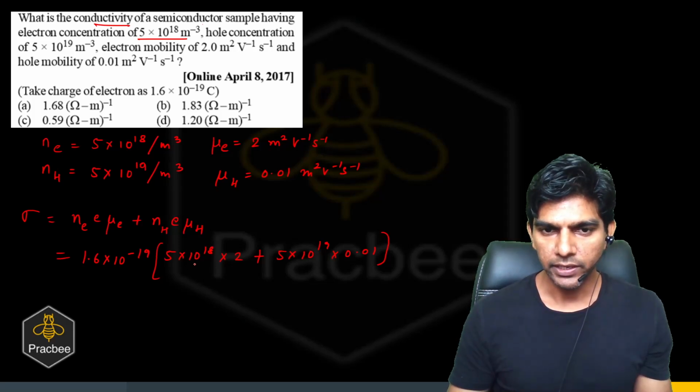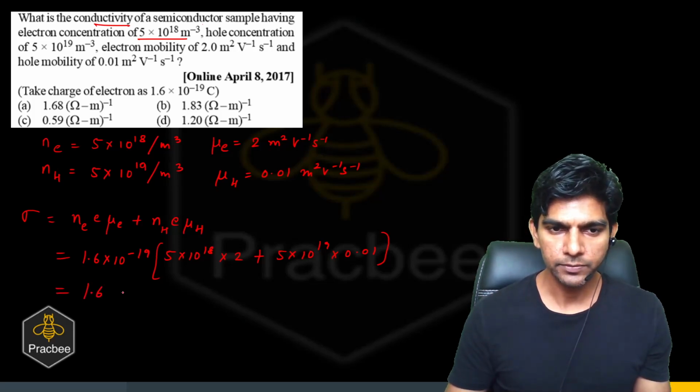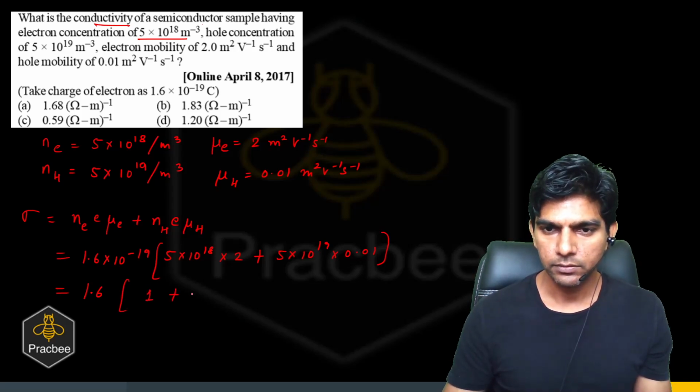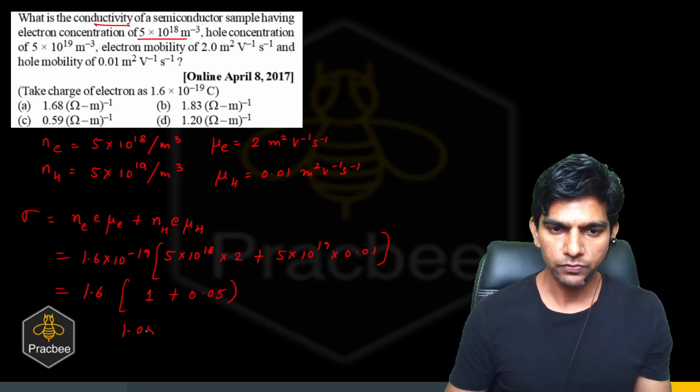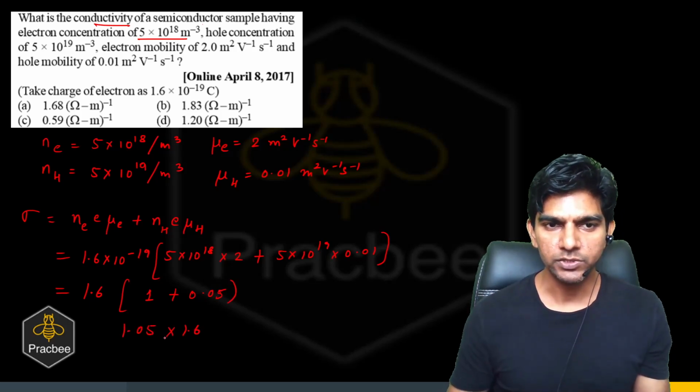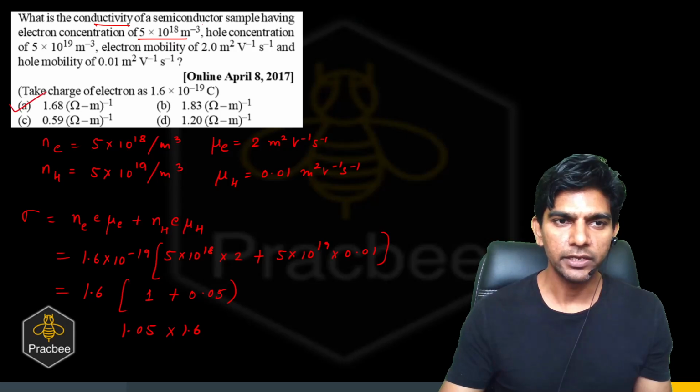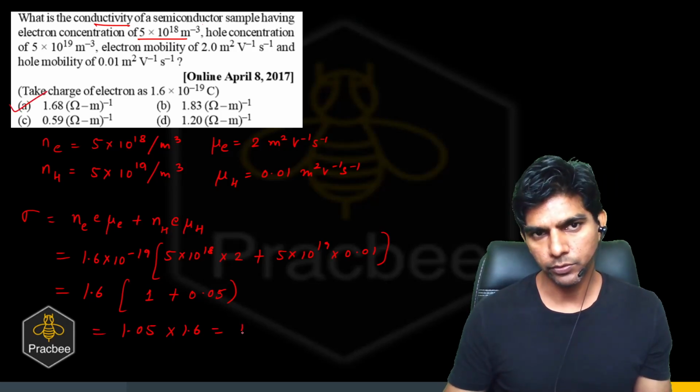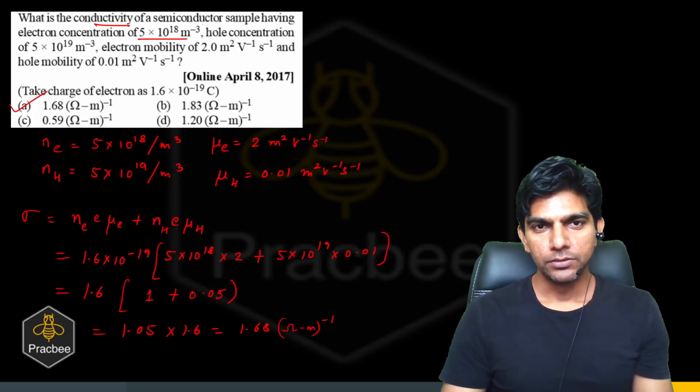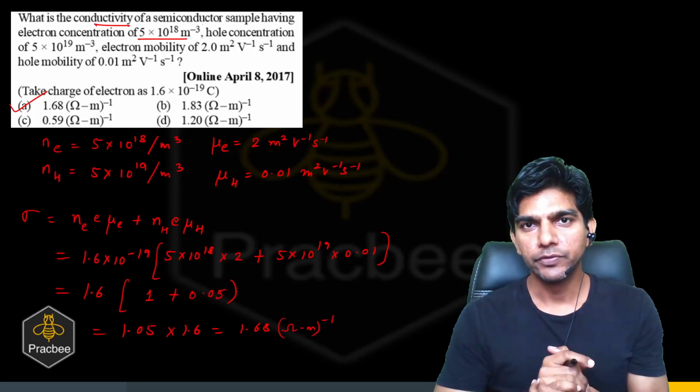So let us take 10 raised to power 19 common. So we'll write it as 1.6 times 1 plus 0.05. So that will be 1.05 times 1.6. So the answer has to be slightly greater than 1.6. So option A is the right answer, 1.68 ohm meter inverse.